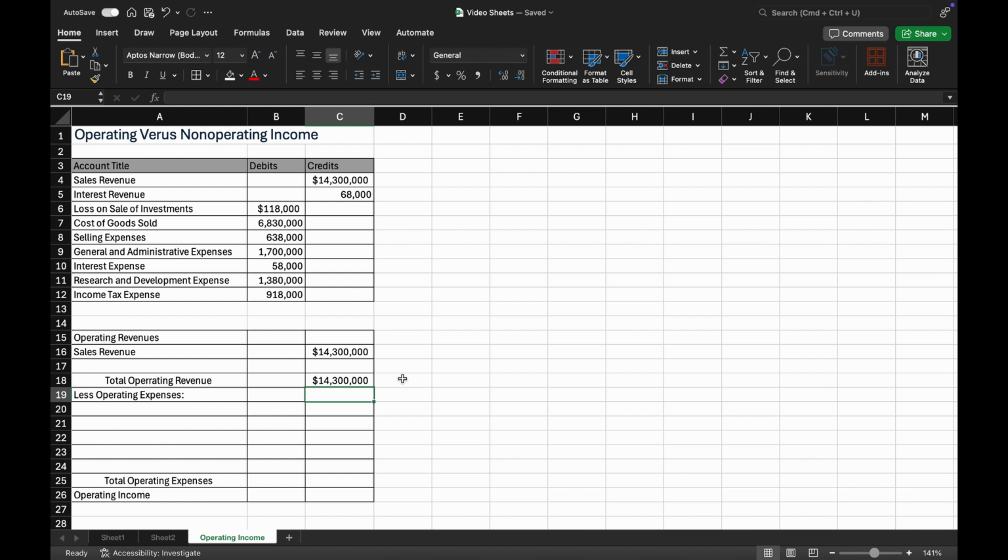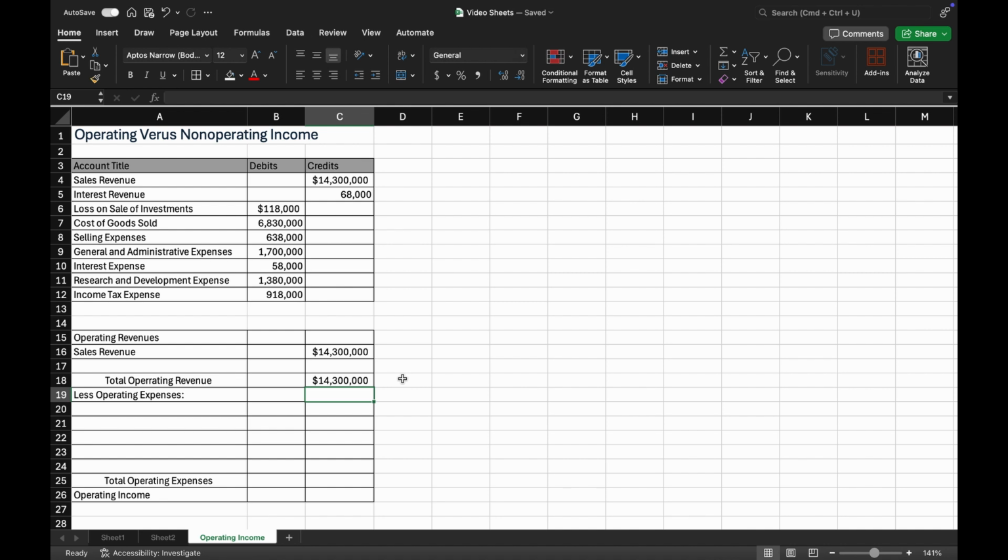Now onto operating expenses. Firstly, recognize that from the trial balance, loss on sale of investments and interest expense are non-operating items, for the same reasons that interest revenue is a non-operating item. Cost of goods sold, while not an operating expense, is an operating cost and specifically the direct cost of business operations.